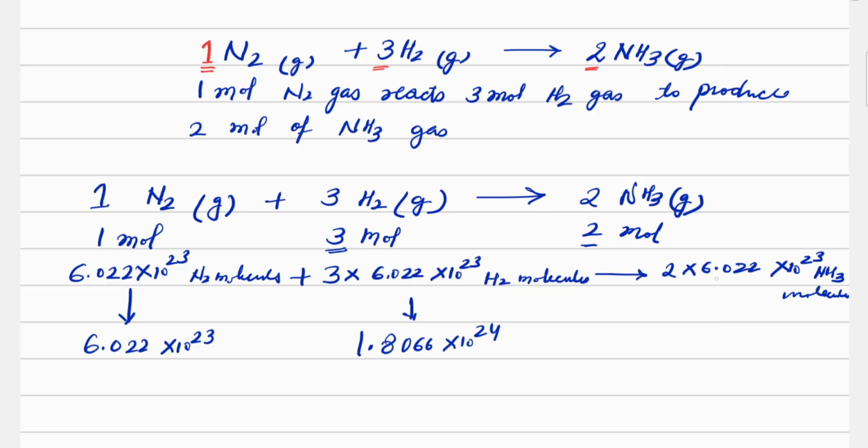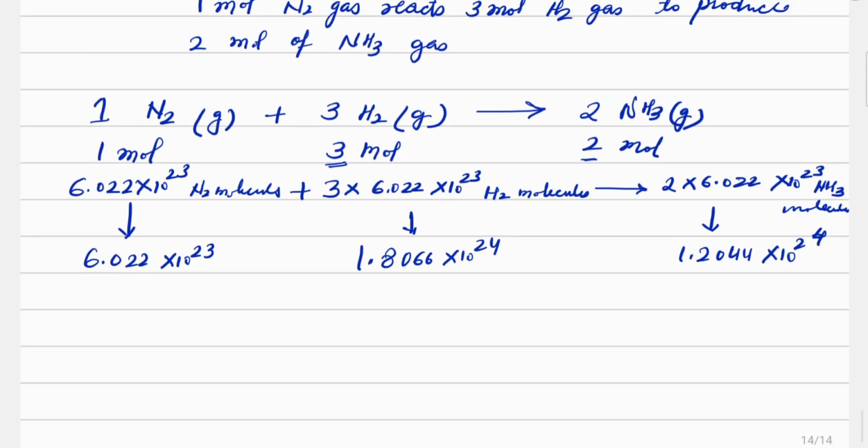And over here it becomes 12.044 into 10 raised to power 23. Once again we can convert it into scientific term, that is 1.2044 into 10 raised to power 24. So we have converted all of these into scientific notations.